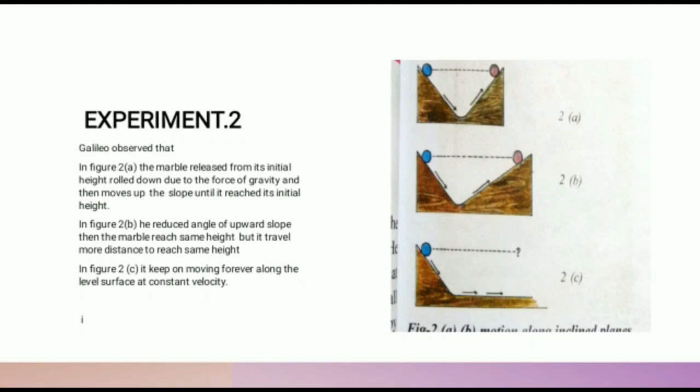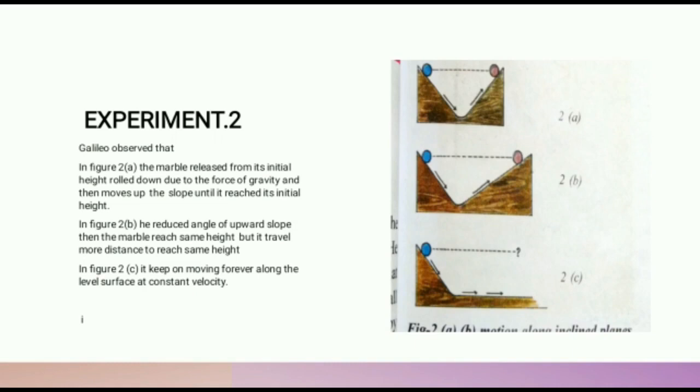All of you see figure 2b. What is the difference between 2a and 2b? The slope angle is decreased. So he reduced the angle of the upward slope. Then the marble reached the same height, but it traveled more distance to reach the same height.